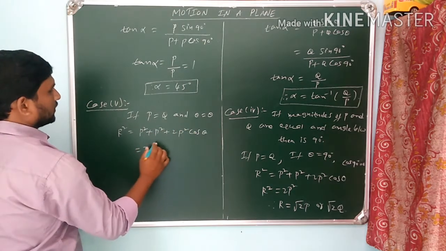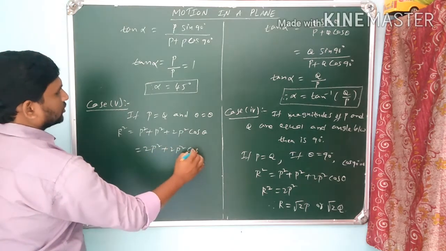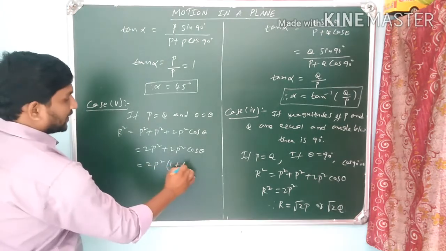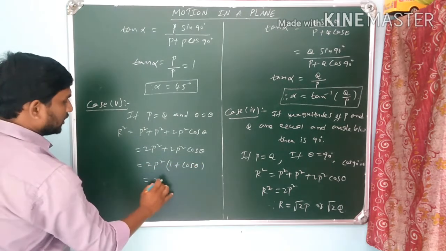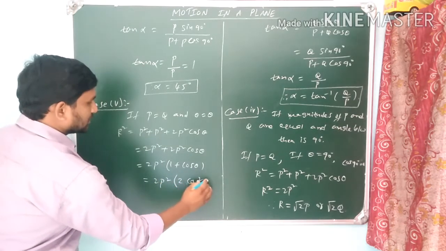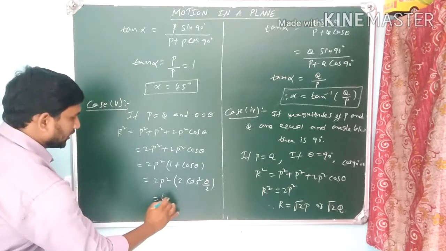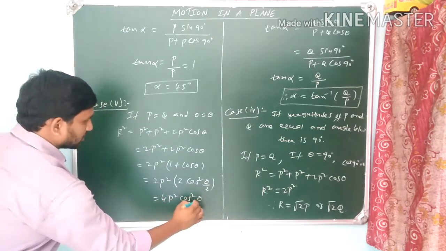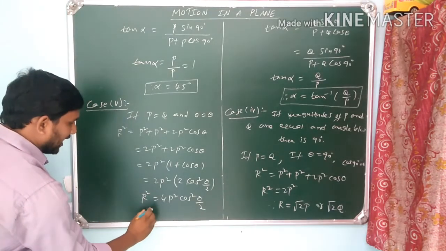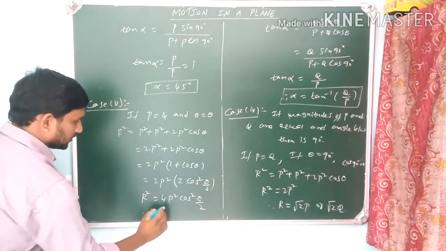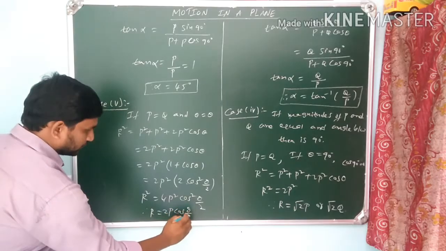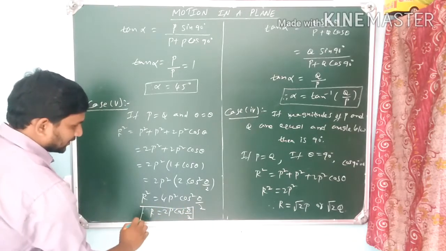Here we take 2P square common, then we are getting 1 plus cos theta, and from trigonometry we know 1 plus cos theta is equal to 2 cos square theta by 2. 2 into 2, here we are getting 4P square cos square theta by 2, and on the left side we are writing R square. Therefore, taking the root on both sides, we are going to get R equal to 2P cos theta by 2.